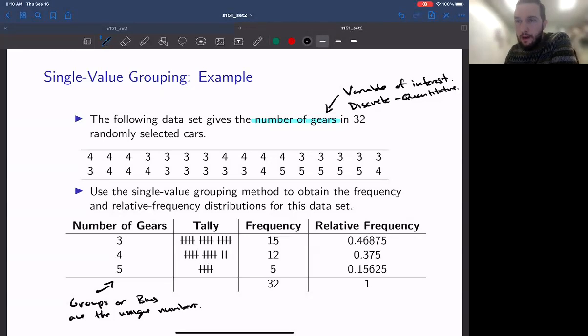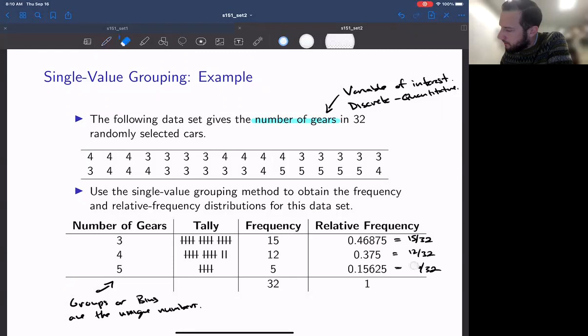And then we simply count how many of those values do we have. So we have 15 3s, we have 12 4s, and we have 5 5s. And then we compute the relative frequencies in the same way we did before. For example, here we would have 15 over 32. Here we would have 12 over 32. And here we would have 5 over 32. Okay. Any questions?